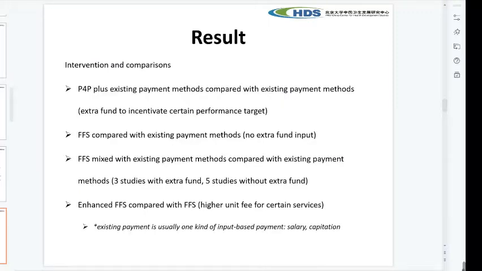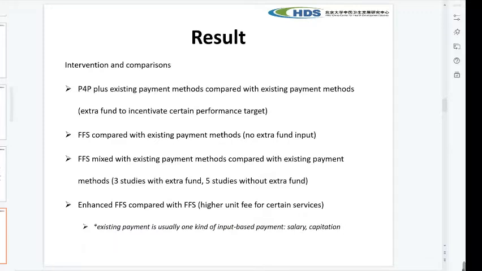After long discussion and categorization, we finally grouped all the included comparisons into four categories. The first one is pay-for-performance plus existing payment method compared with the existing payment. In this category, the pay-for-performance involved extra funds.